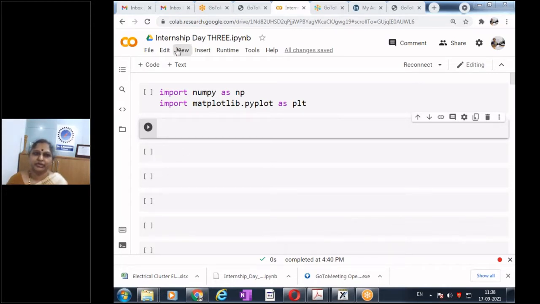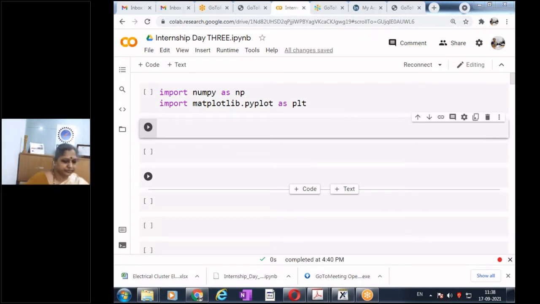So start a new file, and as usual, put these two lines: import numpy as np and import matplotlib.pyplot as plt. Please type in those two lines.